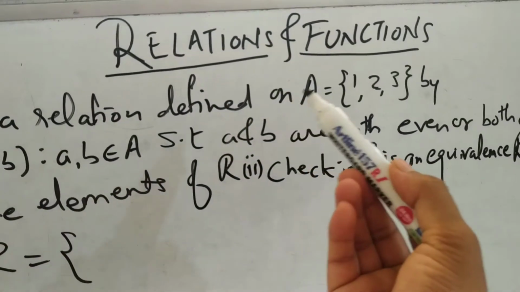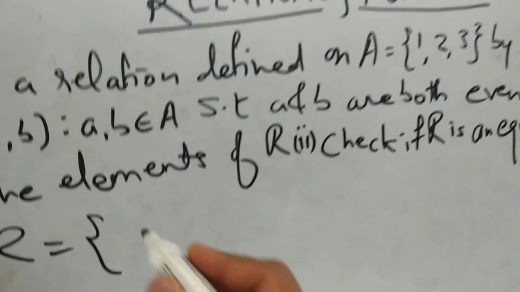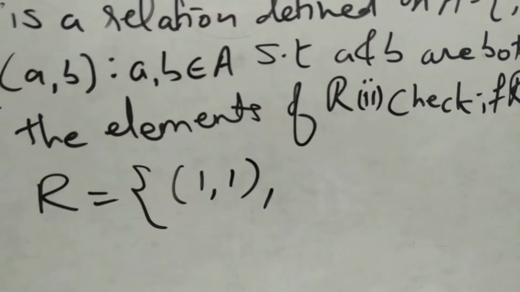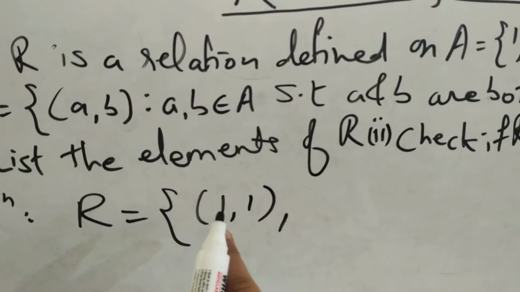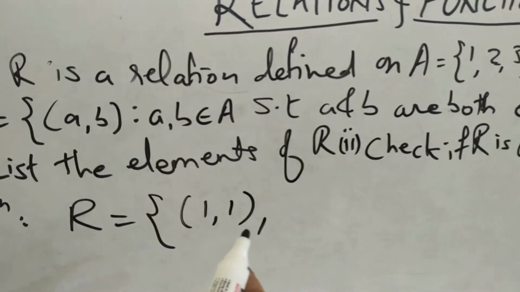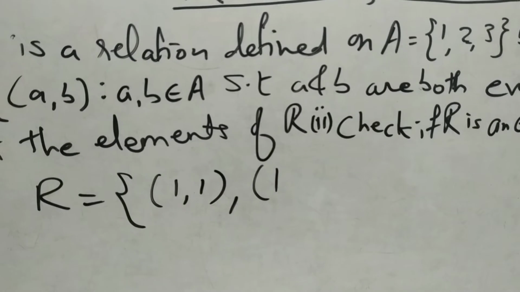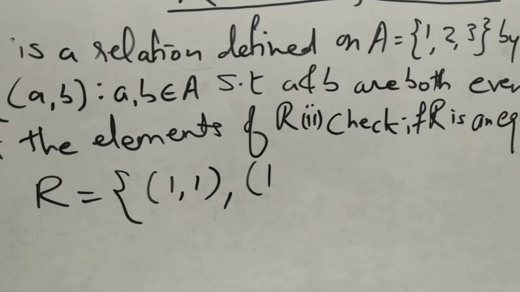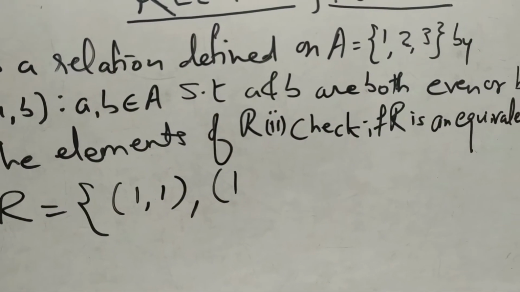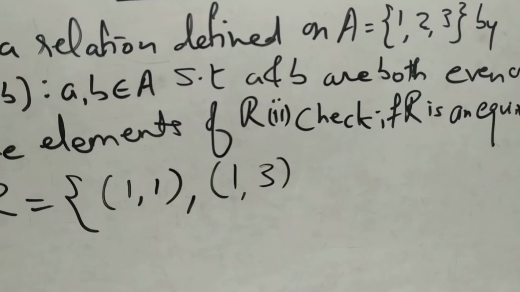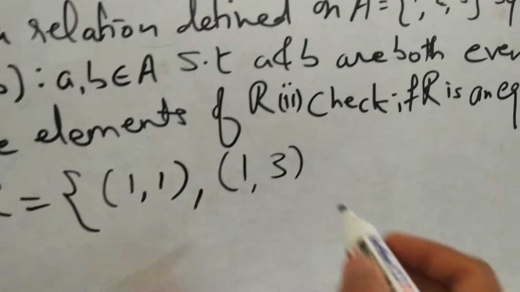Let us start with the first element, 1. We can include (1, 1) because both are odd. Next, can I include (1, 2)? No, because 1 is odd and 2 is even. Then (1, 3) I can include because both are odd.